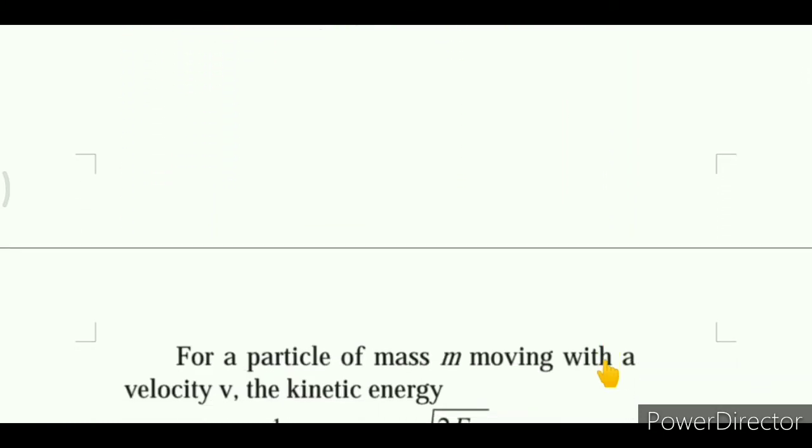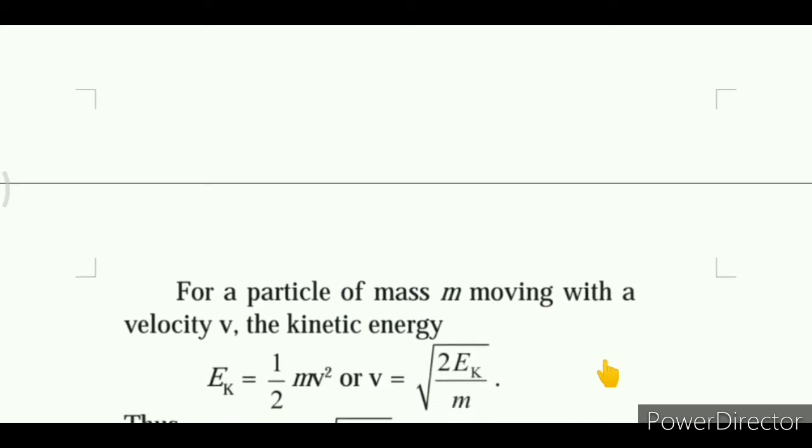Now, a particle of mass m moving with a velocity v must possess kinetic energy. Considering a general particle of mass m moving with velocity v, its kinetic energy is given as half m v square.